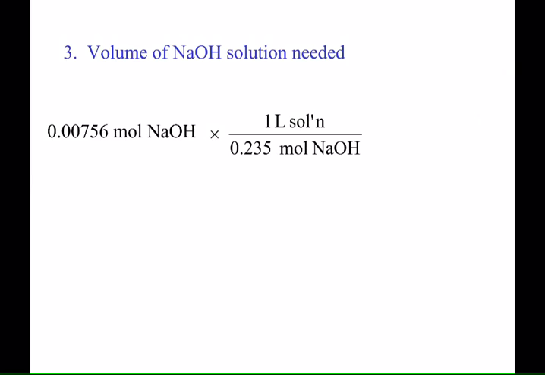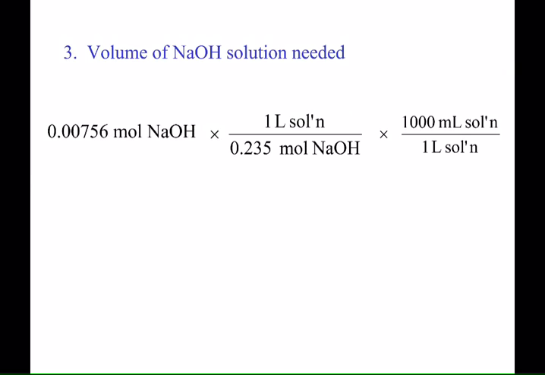That will give us liters of solution, which honestly, I can't remember if I explicitly wanted milliliters or liters. Sometimes you can go ahead and stop there. But what would be my last term here to make liters of solution cancel and be left with milliliters of solution? Yep, 1,000 milliliters of solution on top over 1 liter of solution.